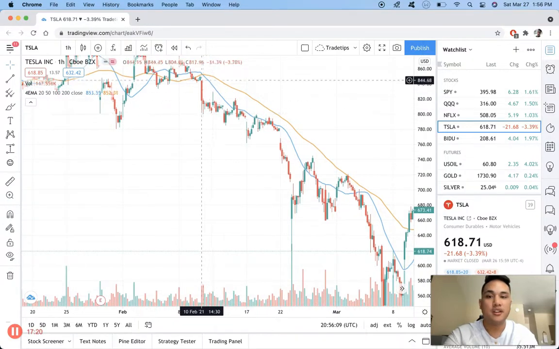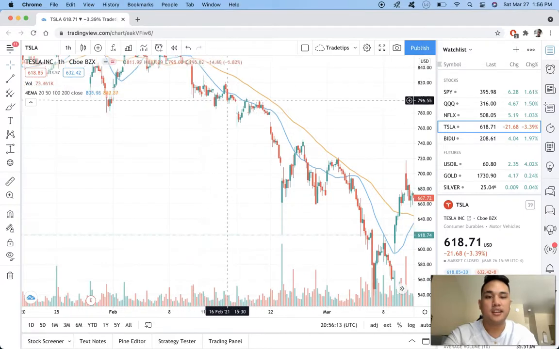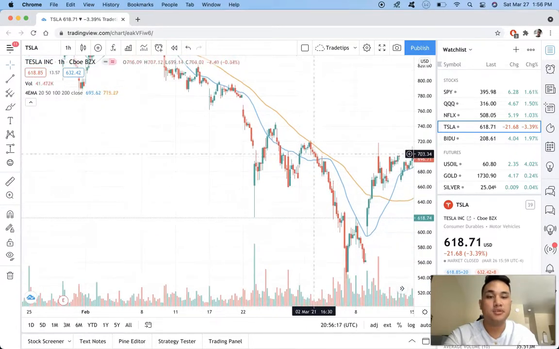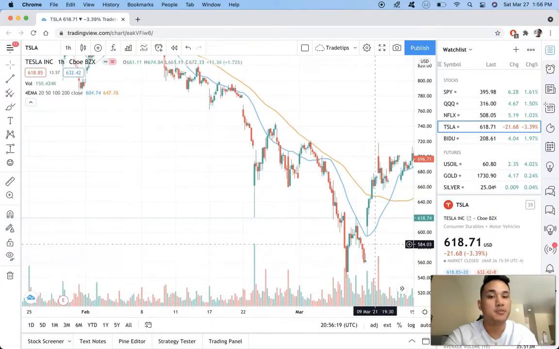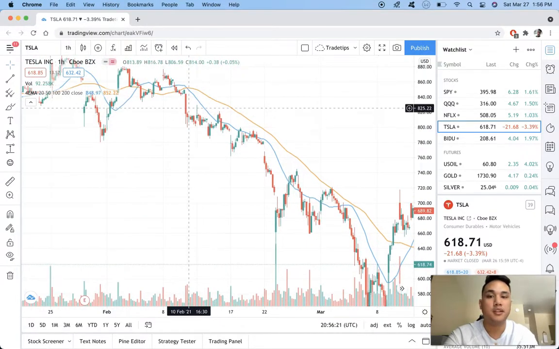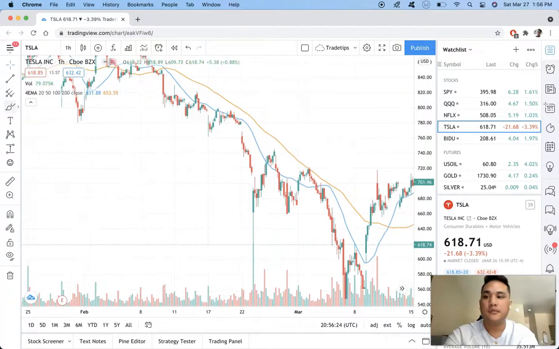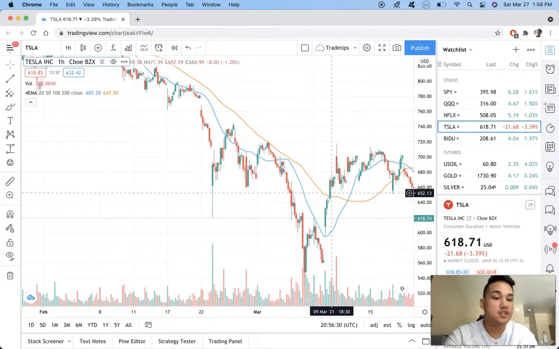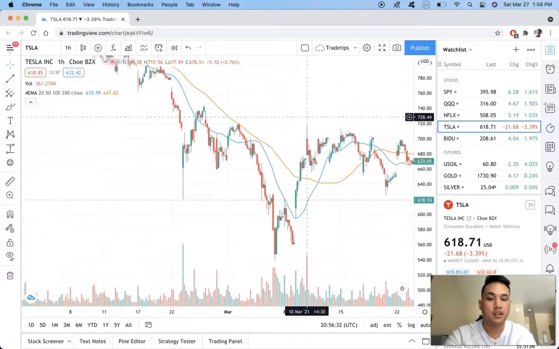If you just bought the break below and held on and held on until the price moved above the 50, you could have realized a move that took us all the way from the 840 area down to the 650s, which would have been a $200 gain.